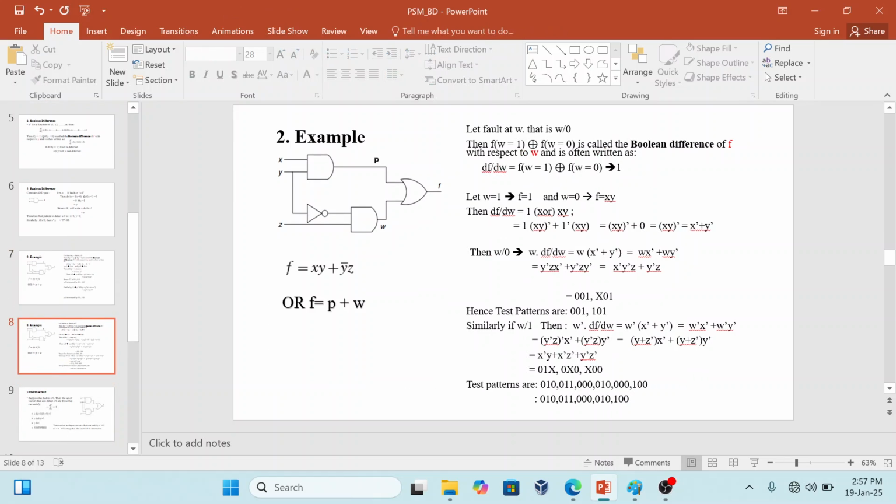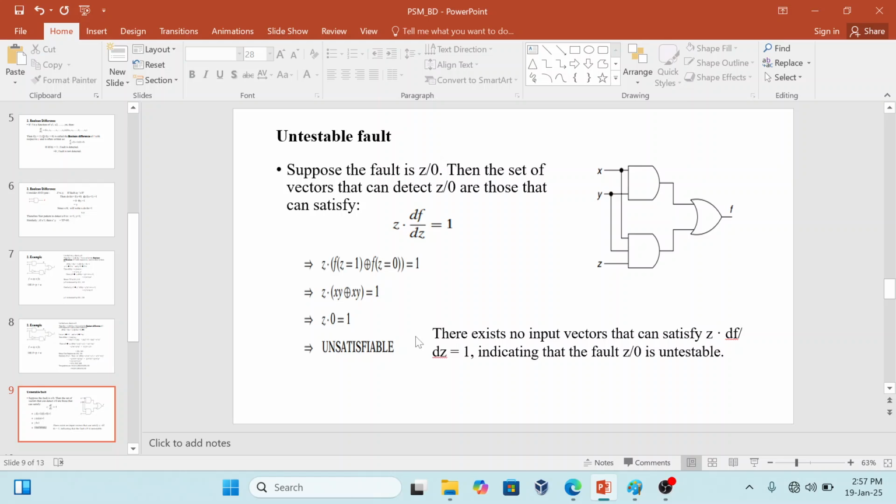So let us check another example wherein z is stuck at 0. If z is stuck at 0, I find the Boolean difference of f with respect to z and equate that to 1. Since z is stuck at 0, I will be writing z into df by dz equal to 1. The expression here is f is equal to xy plus xyz.